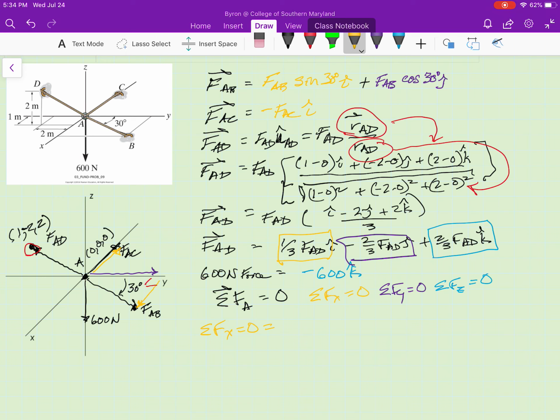Apologize for this. I'm going to start with FAC. So FAC, the x component of the vector FAC is minus FAC I. Now I'm going to pick up the x component of FAB, which is FAB sine 30, and sine of 30 is a half, so I'm going to write that as 0.5 FAB.